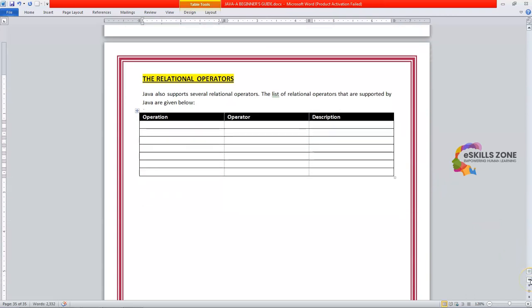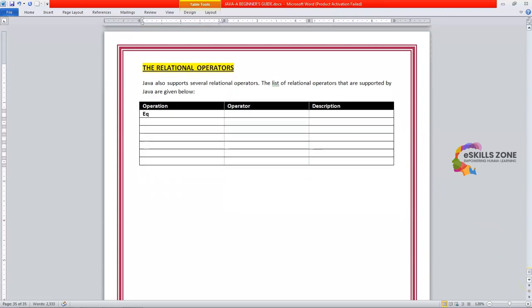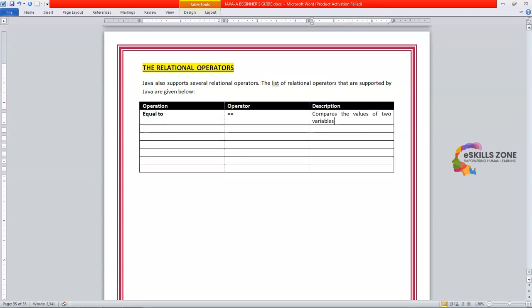So the first operation is equal to, and the operator used is the equal to symbol, and it compares the values of two variables for equality.